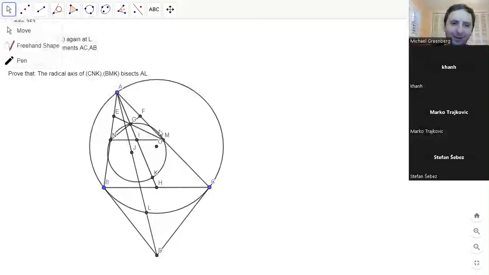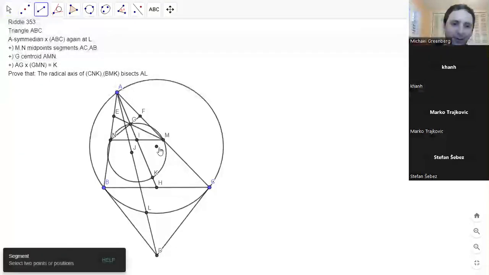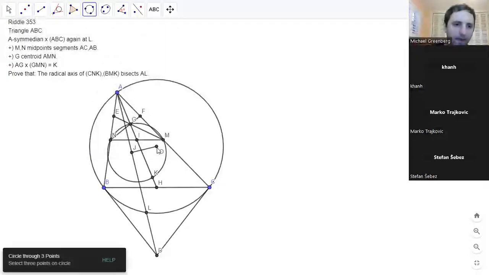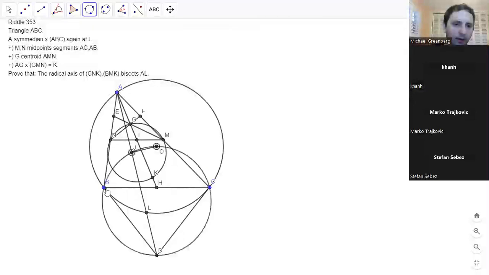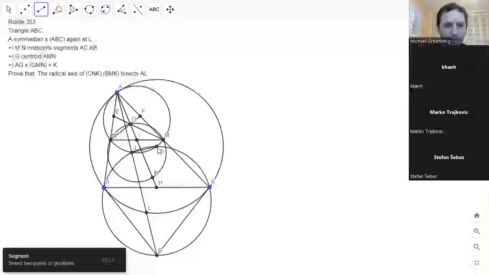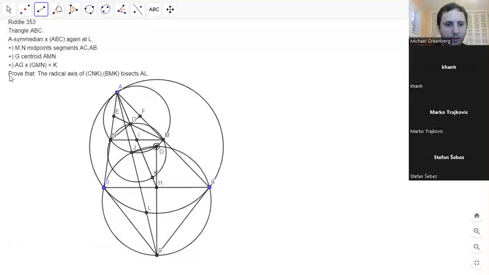We know that OJB, DC is cyclic. And we have this is cyclic also. So that's looking pretty good. It's a lot of information here.